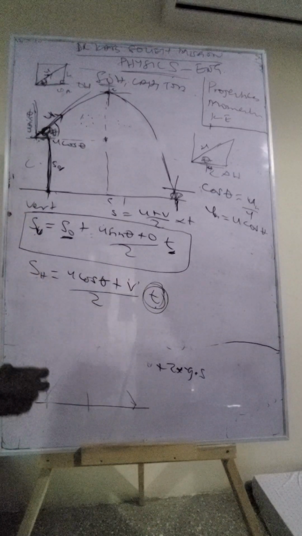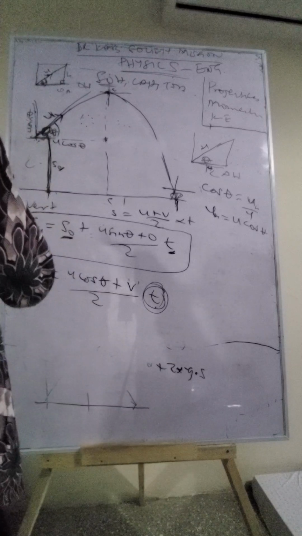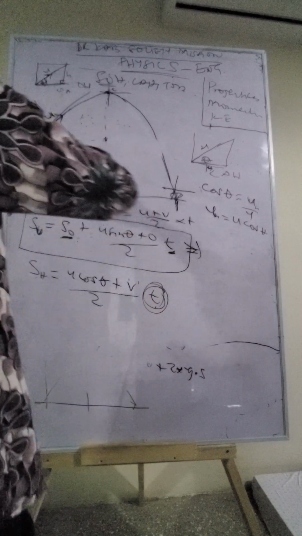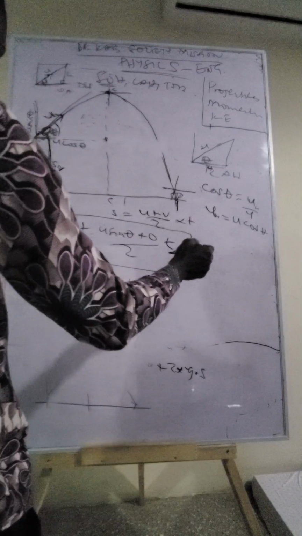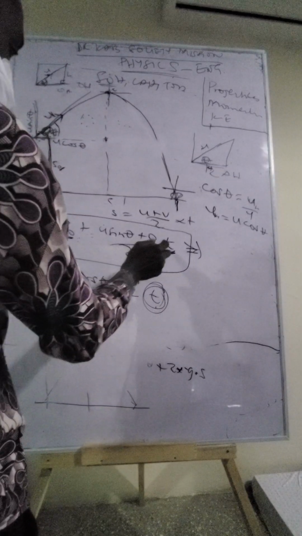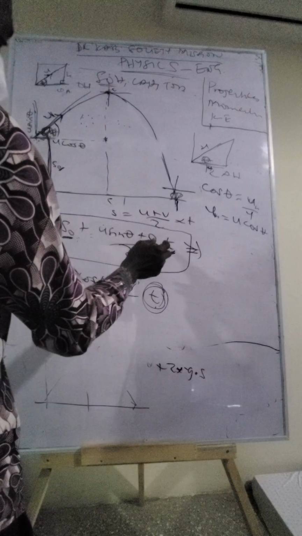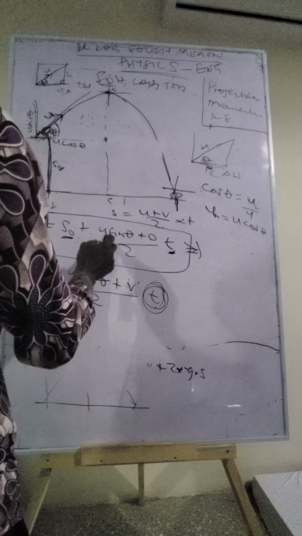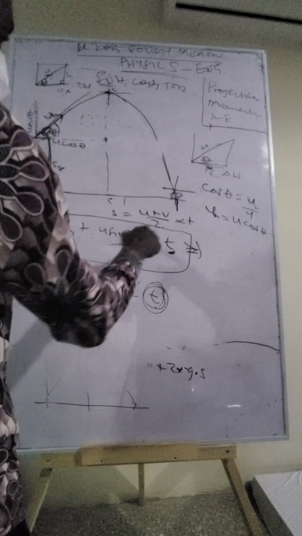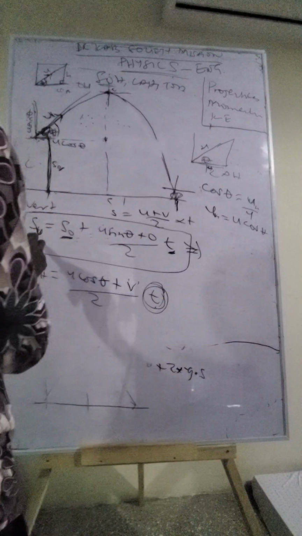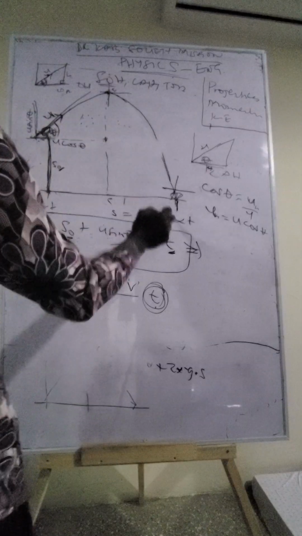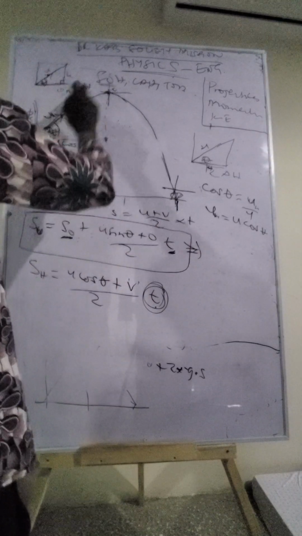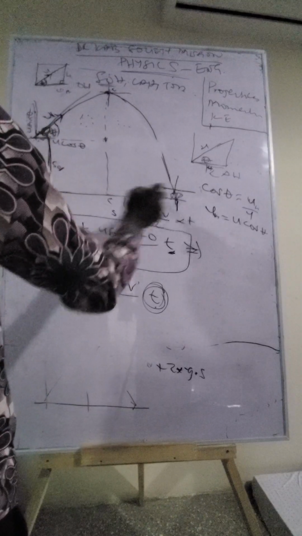You can see that from this equation, if we want to look at the whole movement downwards, we are looking at this t. The initial velocity we know, the final velocity we don't know. Let's assume for the total from up to down, by the time this goes up and comes down, what will be the distance?